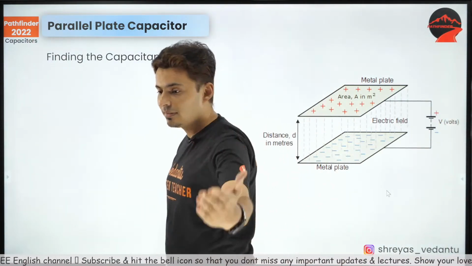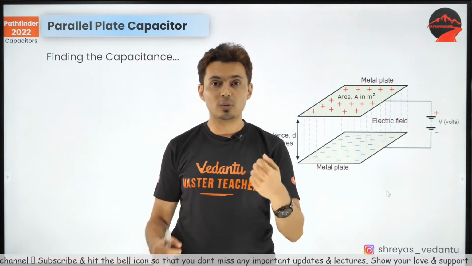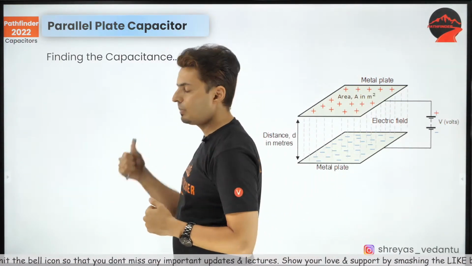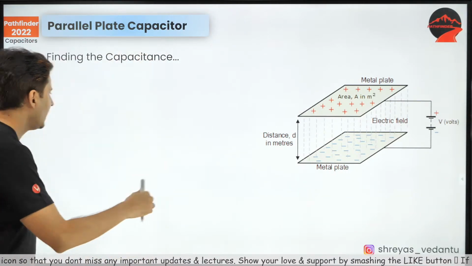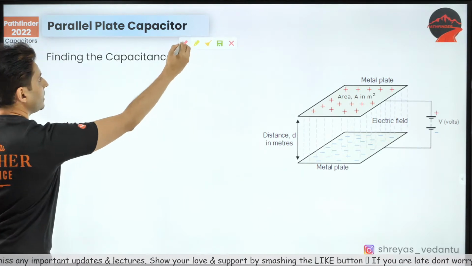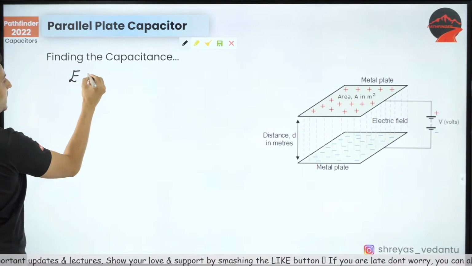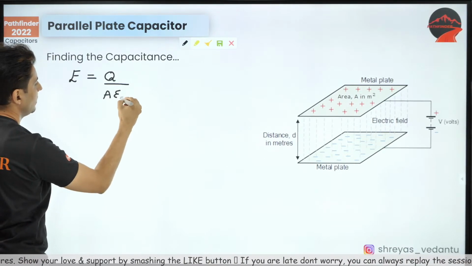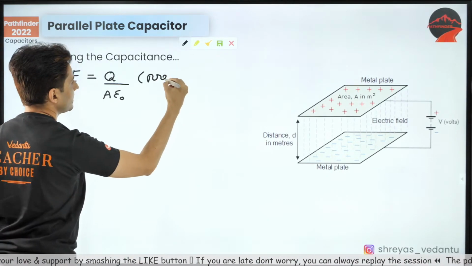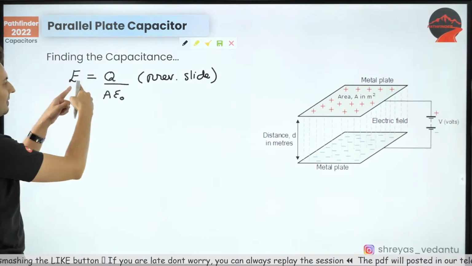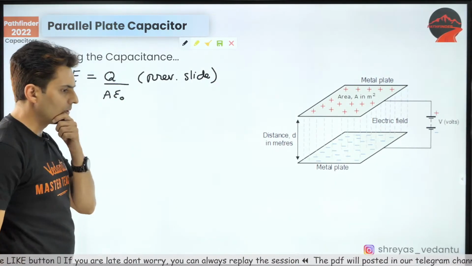Now, once I know the field, I can also figure out the capacitance. I'll tell you how. We just figured out, from the previous slide, that the field between the plates is Q by A epsilon naught.